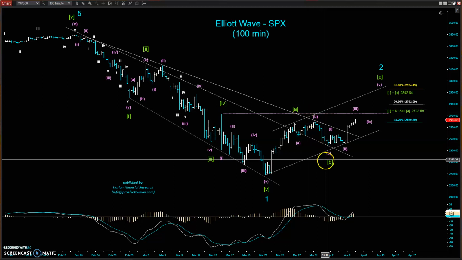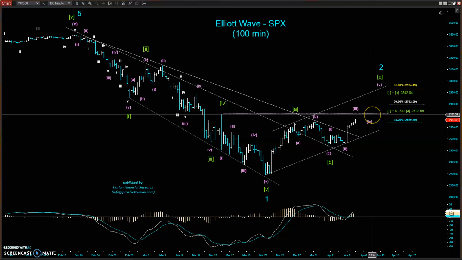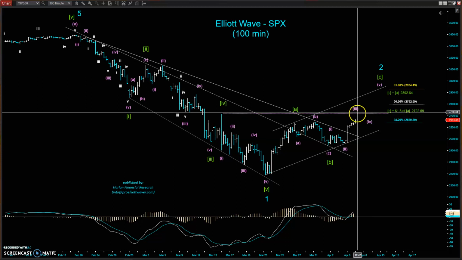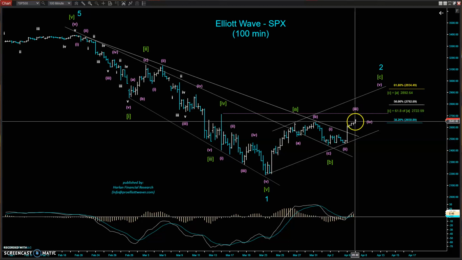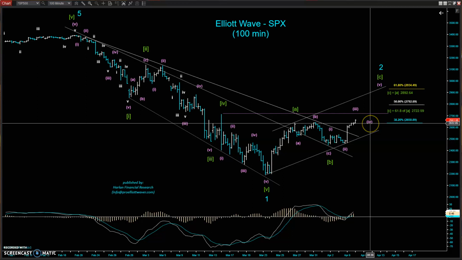We'd label this as W, this is X, and this would be Y. This is a corrective pattern, and it can take many forms, so we just have to keep watching and watch these short-term charts and see how these subdivisions, these subwaves play out. So we'll be back probably on Wednesday.